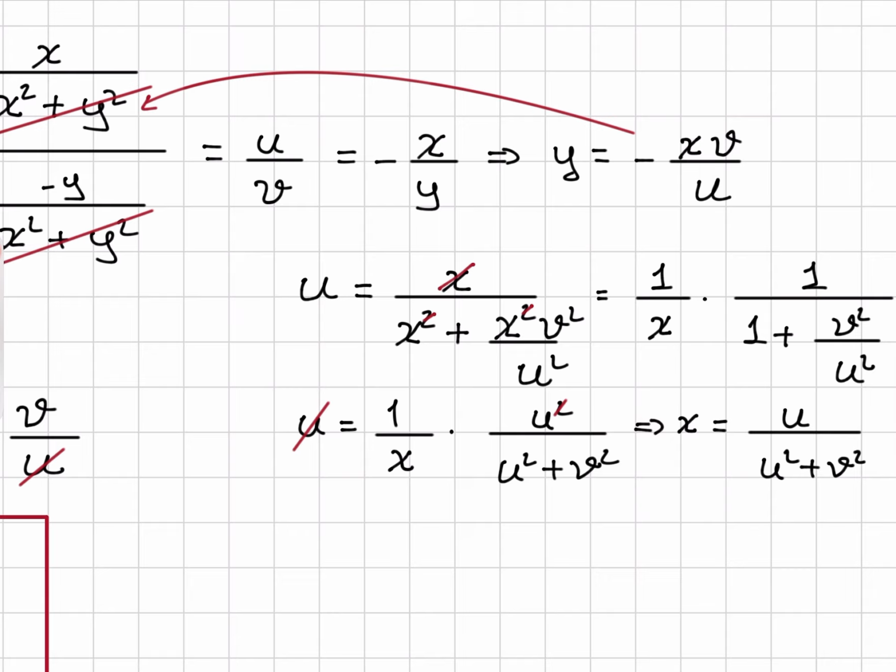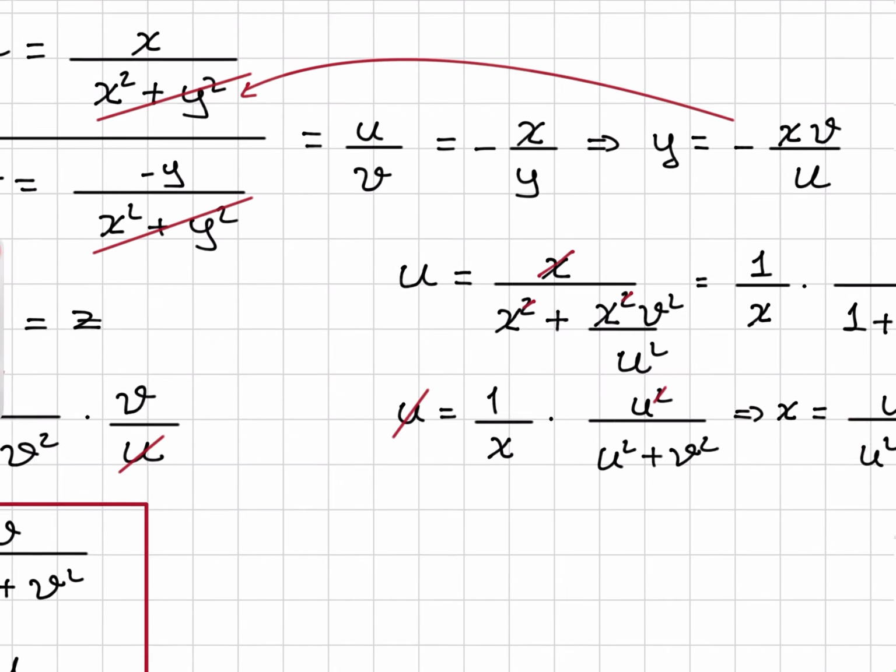And writing this with the common denominator, u squared plus v squared over u squared goes upstairs. So this is u squared over u squared plus v squared multiplied by 1 over x is equal to u. One of the u's cancel, provided that u is non-zero. And here I have x is equal to u over u squared plus v squared.